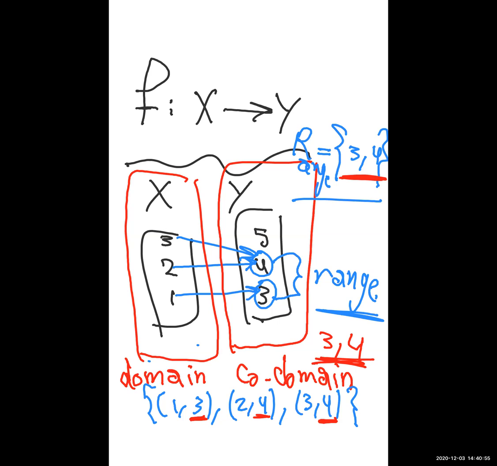One more example, guys, related to the functions. I will clear the board. If there is an arrow diagram like this one, x and y, this one x, and this one is y.